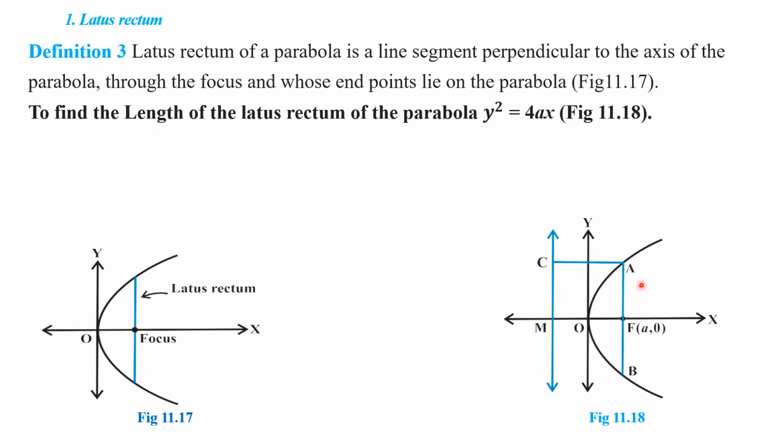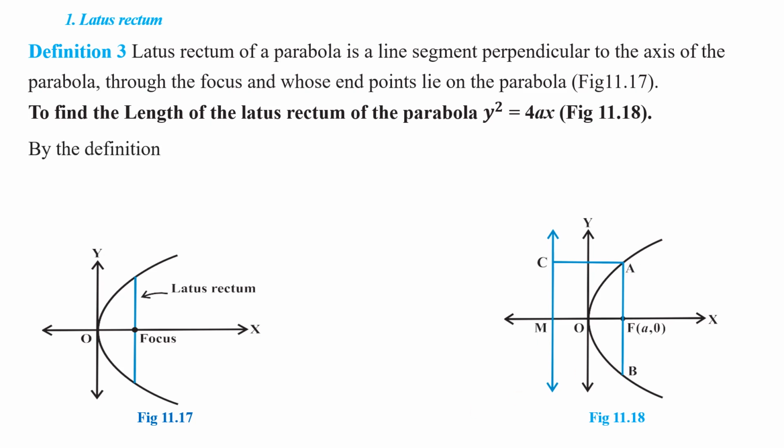Here we have taken the parabola y square is equal to 4ax. In this parabola, AB is the latus rectum because it is perpendicular to the axis of the parabola and passes through the focus, and the endpoints of the latus rectum lie on the parabola. Now we are going to find the length of this line segment AB, nothing but the length of the latus rectum. Understood this point, my children?